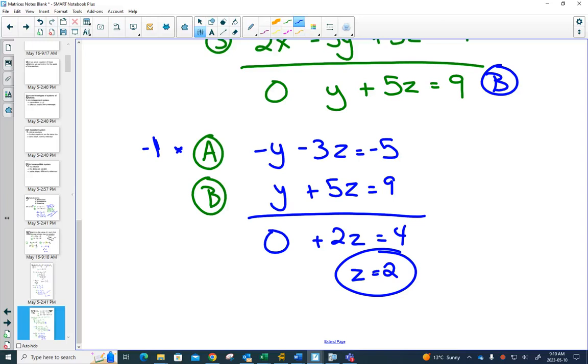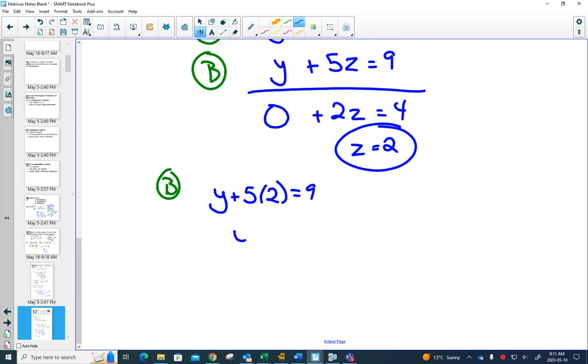Now we just need to work backwards. If you know that z is 2, you could plug that back into either equation A or B and figure out what y is, right? If I plug it in right here, y plus 5 times 2 equals 9. So I'm plugging it in to equation B. I get y is equal to negative 1.